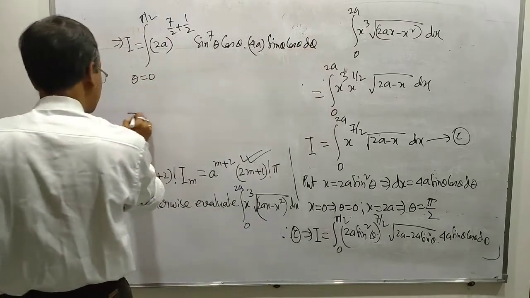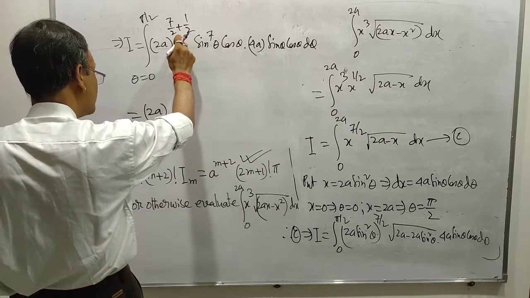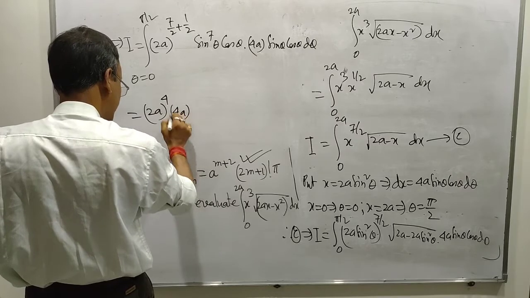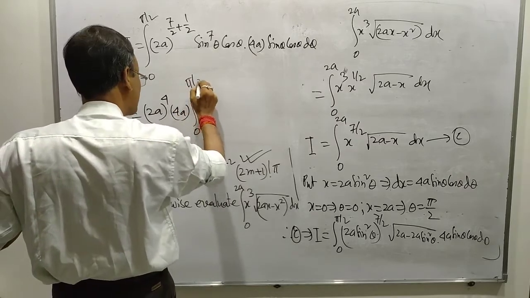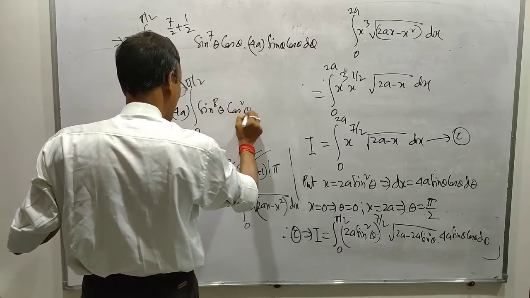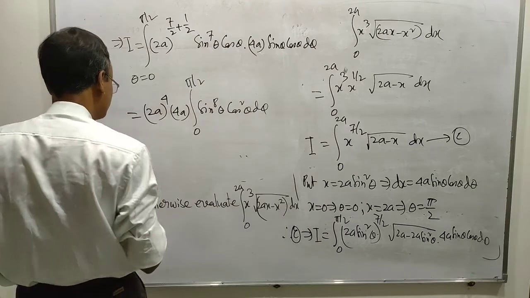Alternatively, we have got this one. This is equal to (2a) whole to the power 8 by 2, means 4 whole to the power 4, into 4a integration 0 to pi by 2 sin to the power 8 theta cos square theta d theta. You get this.